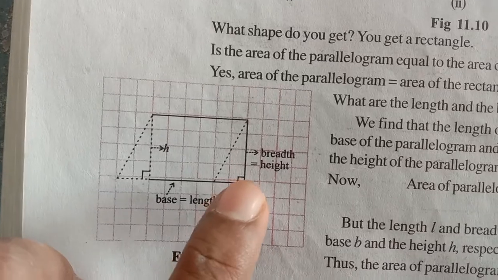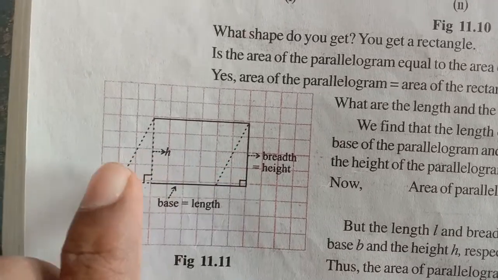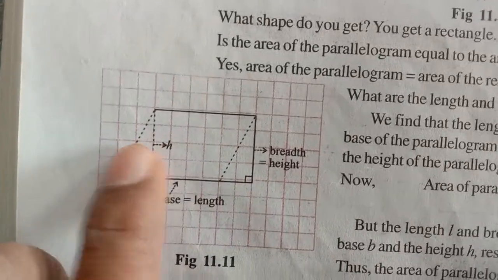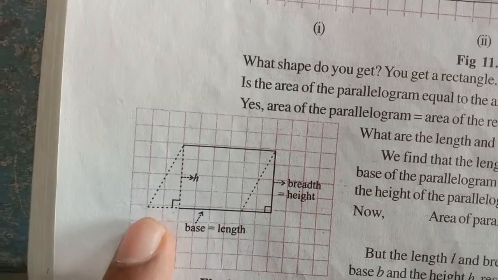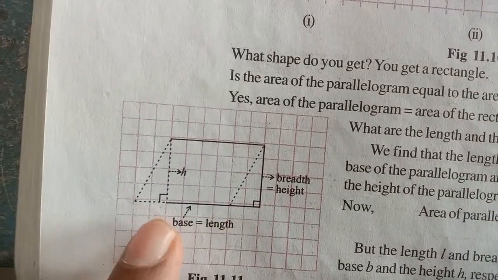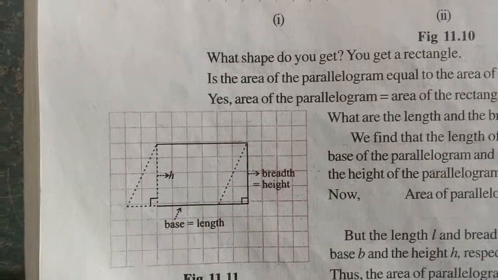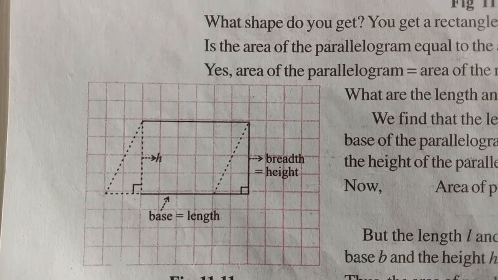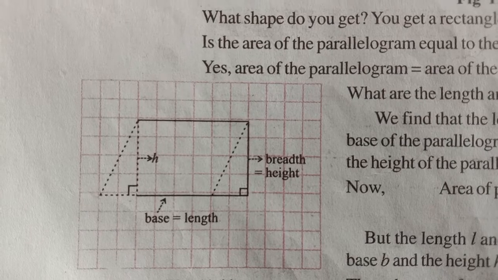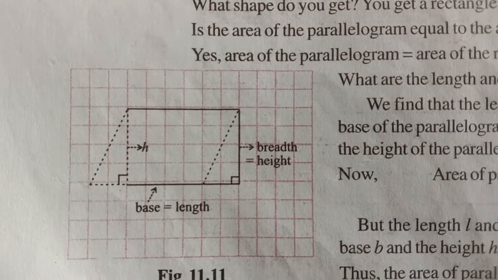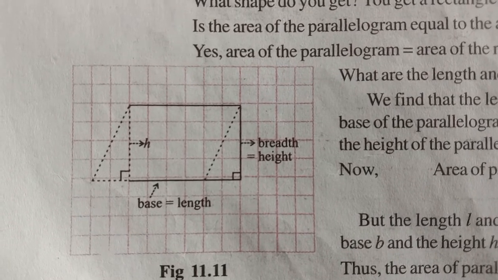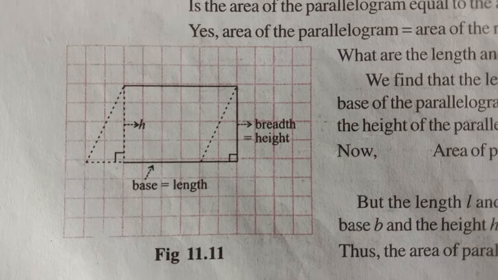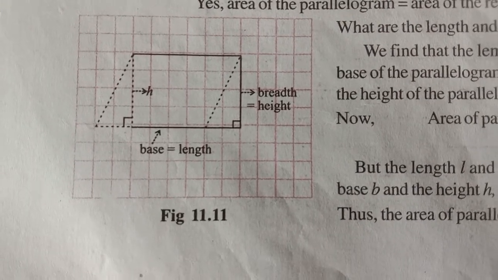Both are equal, since the parts are congruent. So the length of the rectangle is the base of the parallelogram. From this graph we can see that the area of the rectangle is equal to the area of the parallelogram. The length of the rectangle becomes the base, and the breadth of the rectangle we consider as the height.